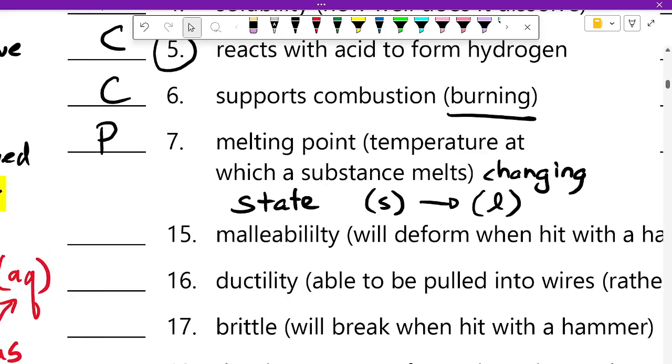Malleability. How many people have heard the word malleability before? Okay, it is one of the vocab words that you're going to be responsible for. So I'm going to put a red box around it. I'm going to put a star beside it. And I'm going to highlight it. And don't worry, we'll come across it again later as well.